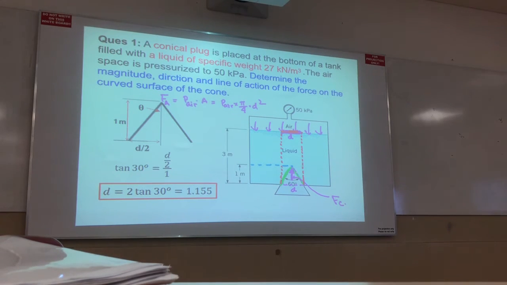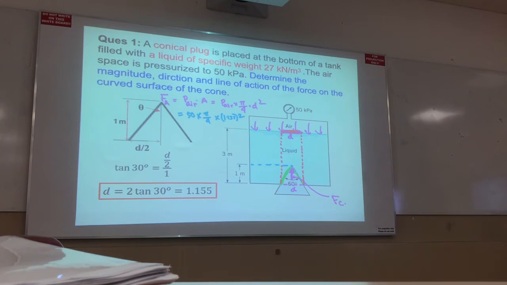So I can write 50 kilopascal times pi by 4 times 1.155 square. Air pressure is calculated.